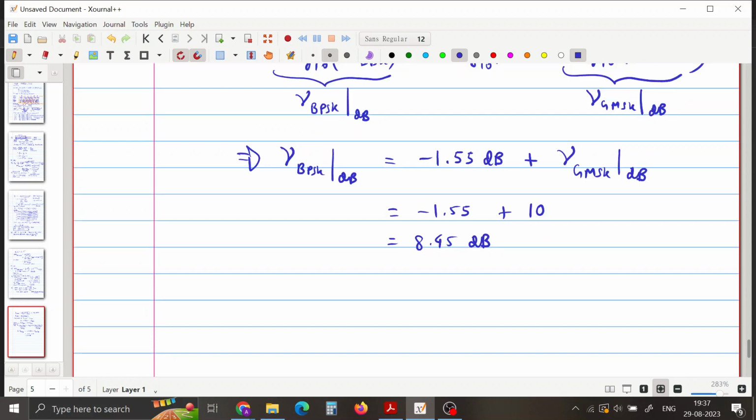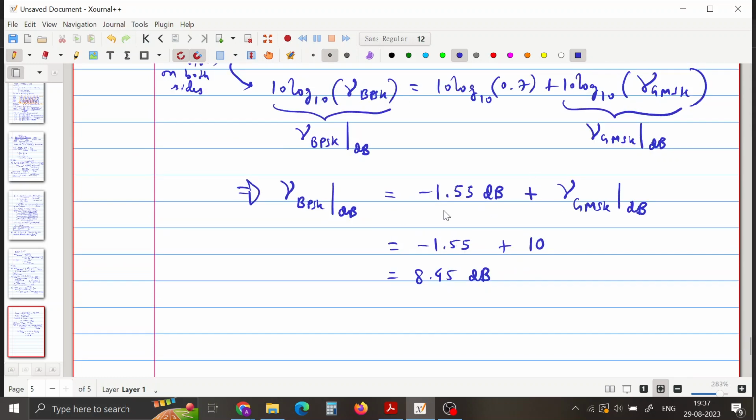So you see, this value 1.55 was directly mentioned as the margin between these two. For BPSK, I need an SNR of 8.45. For GMSK, I needed 10 dB. For BPSK, I need 1.55 less signal to noise power, right? So for the same bit error performance, BPSK has slightly better performance.